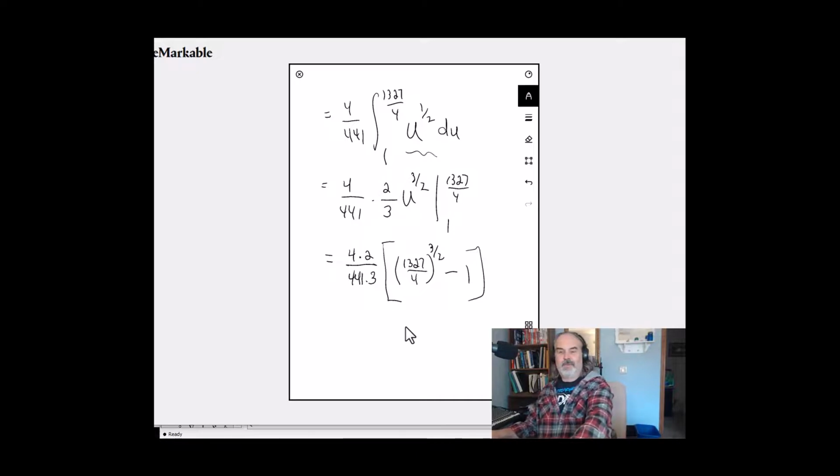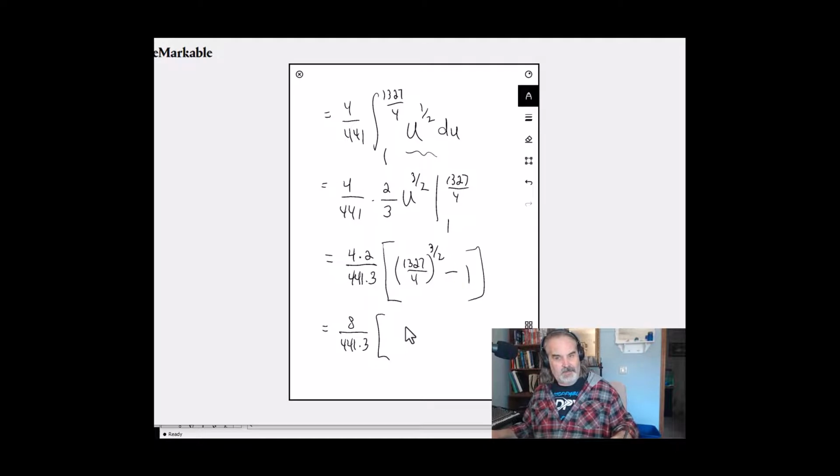Okay, this is pretty gruesome. I am cheating. I did this a little bit before. Oh boy, so we got an 8, and we got a 441 times 3. I'm not going to simplify that yet, and here's why.